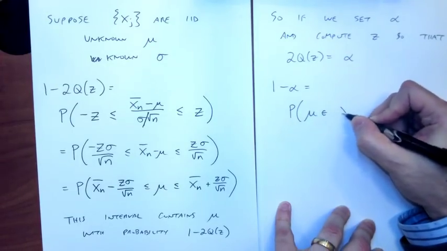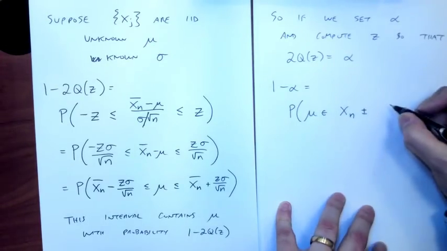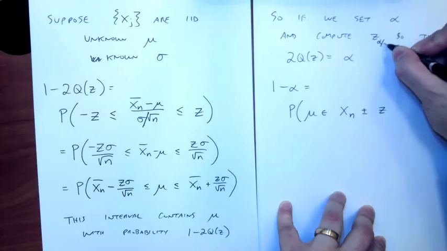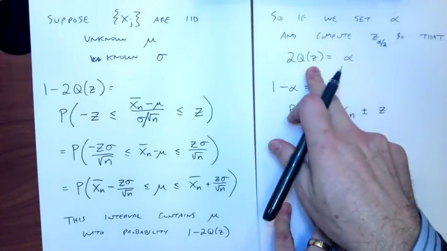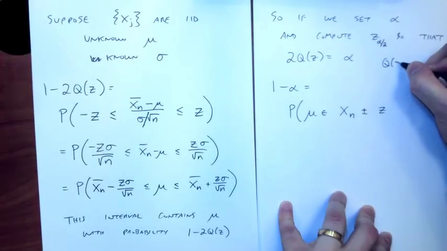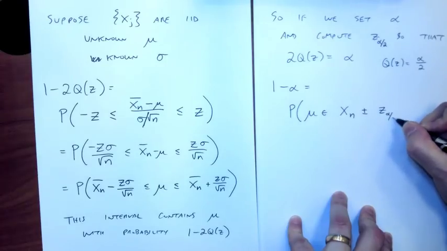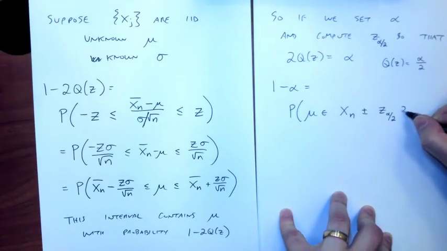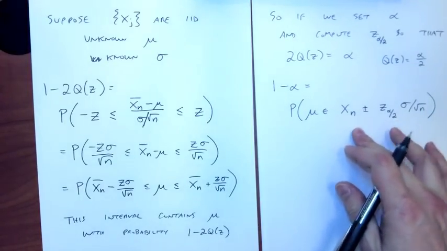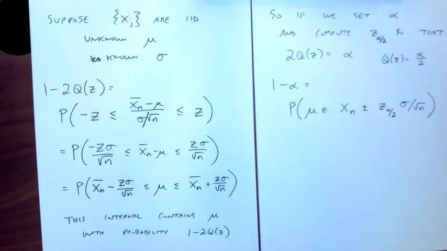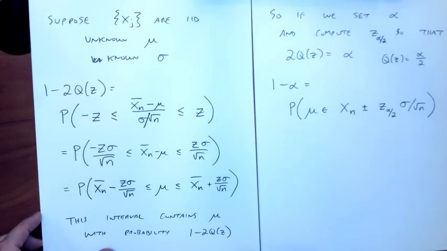Mu is in xn plus or minus this z value. And let's call this z value z alpha over 2, because I'm computing the z so that Q(z) equals alpha over 2. So it's whatever that z value turns out to be. So this is some interval around the sample mean, and I can be pretty sure with confidence 1 minus alpha that mu is inside there, right?